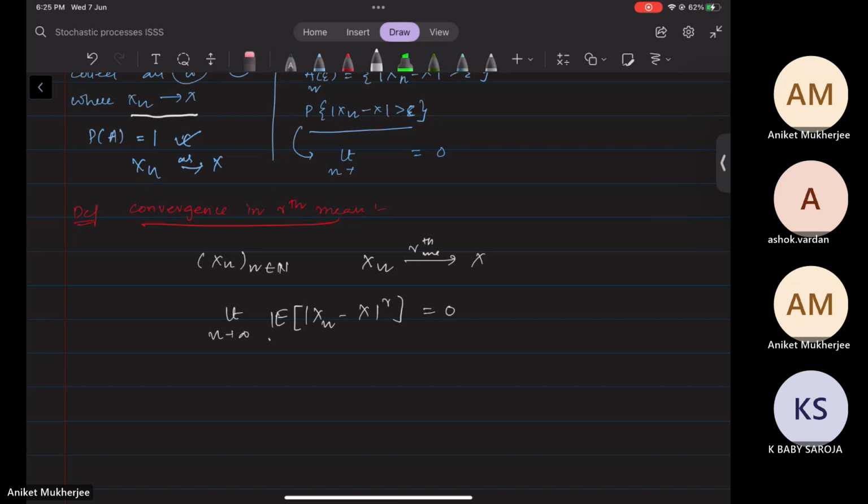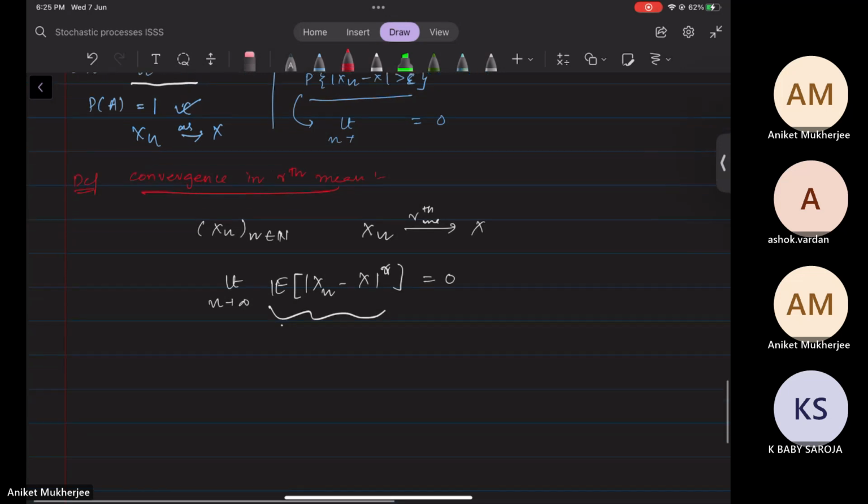So this is basically saying that the expectation of some mean, it's not mean squared because it's an Rth mean, is going to 0. So here again, you take the random variables, you calculate some terms which are real numbers, and you check whether they converge in the notion of real number convergence, not in random convergence.